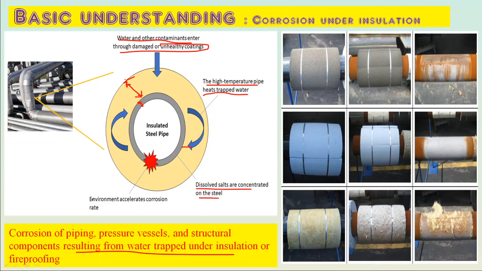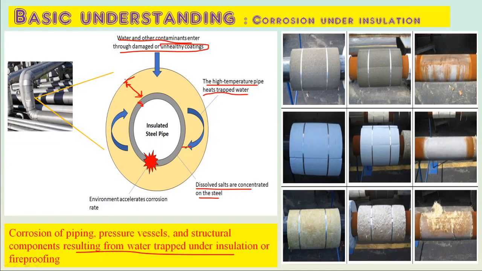Over a period of time, because of wet conditions, along with salt it gets deposited and causes localized corrosion in our piping system, that leads to failure from the OD side.